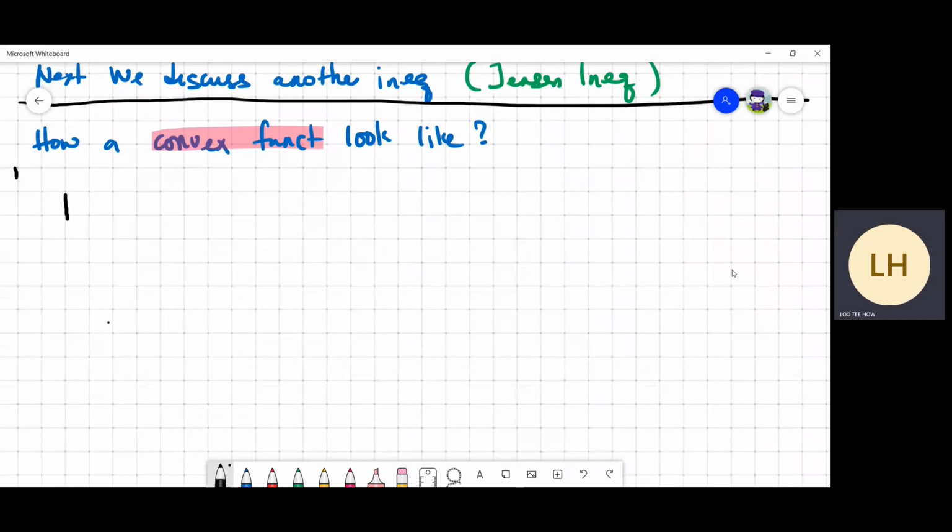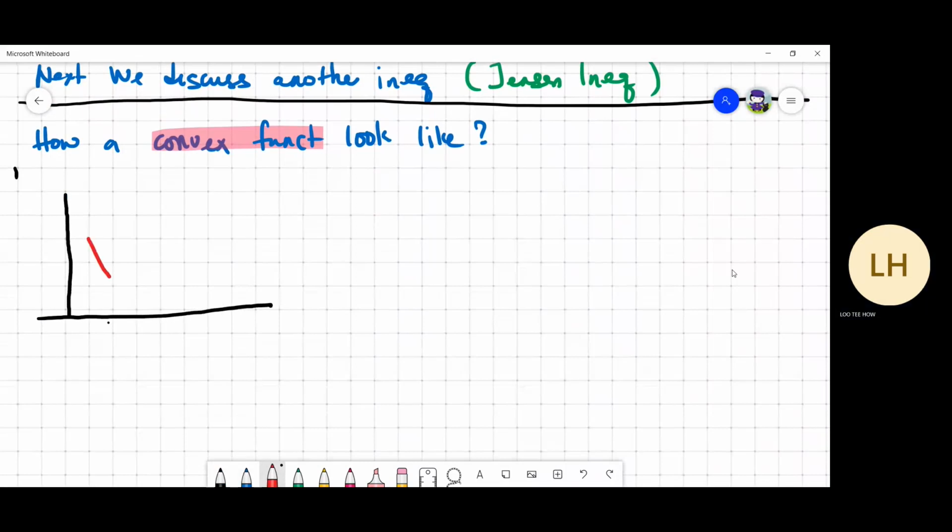If you look at a graph, the curve looks like this. So it's always like this, or like this.